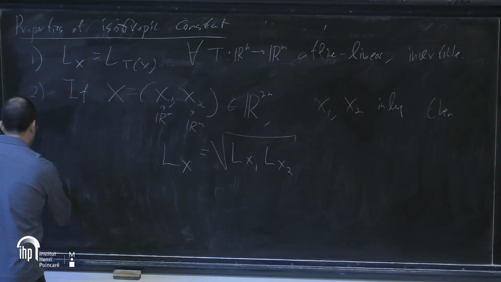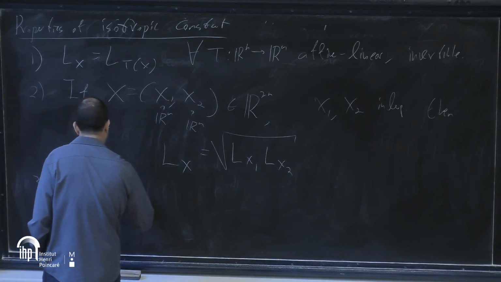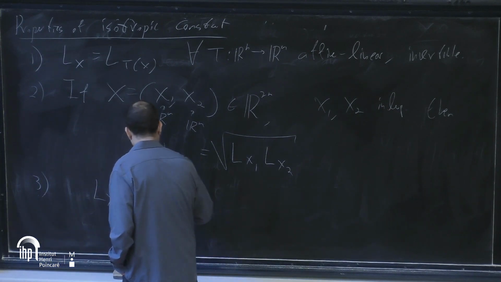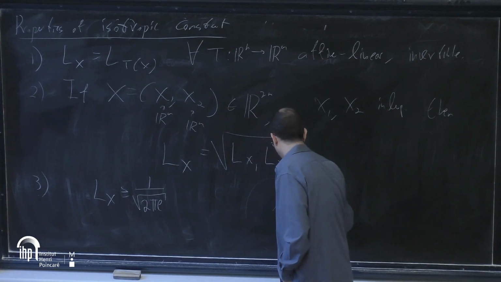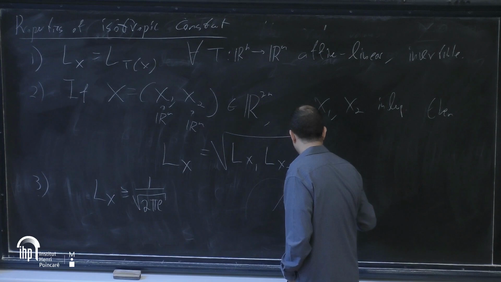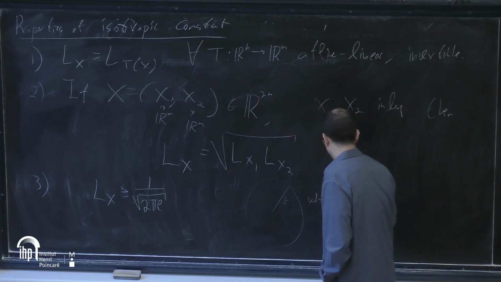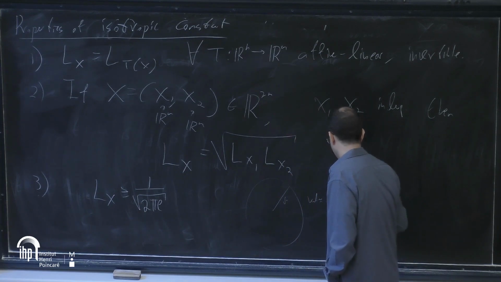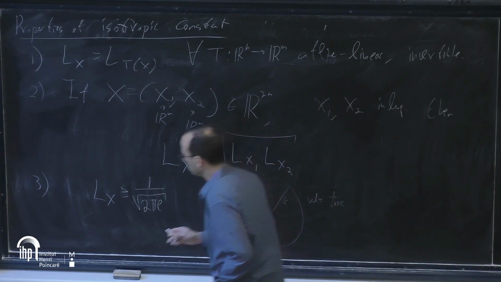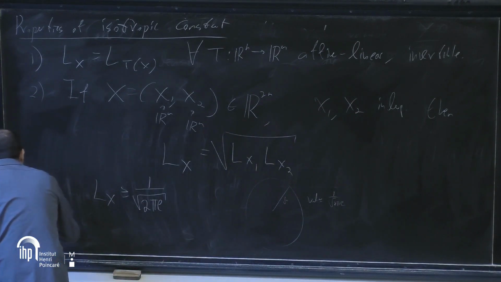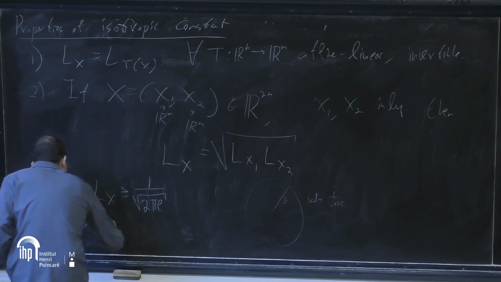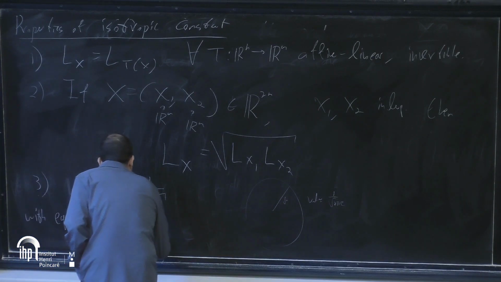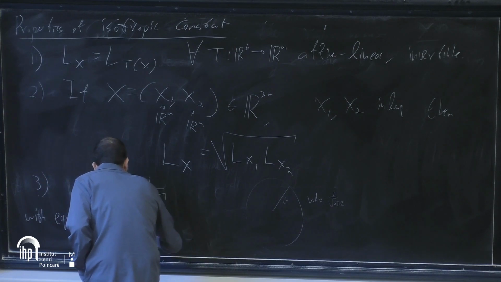It is minimal, so it is always at least 1 over root of 2 pi e, because the ball of radius root n has volume roughly 1 over root of 2 pi e to the n. It's at least 1 over root 2 pi e with equality for Gaussians.